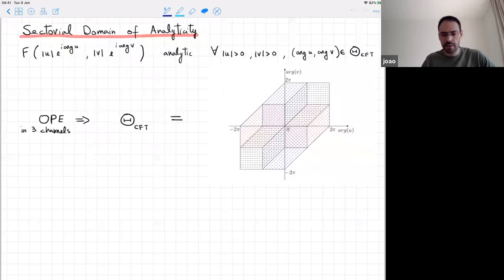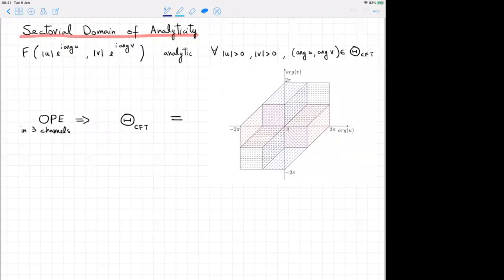Any question about this? Hello. Yes, Joe? So maybe you will talk about it later, then you can just postpone my question. But these pinches and these collinear singularities, what do they correspond to in the flat space limit?